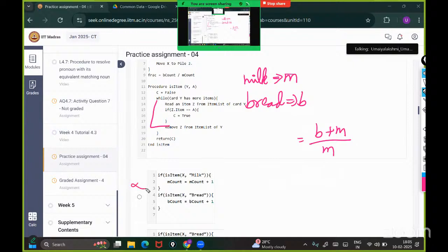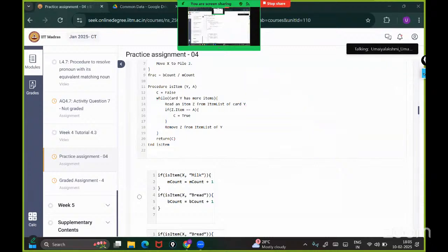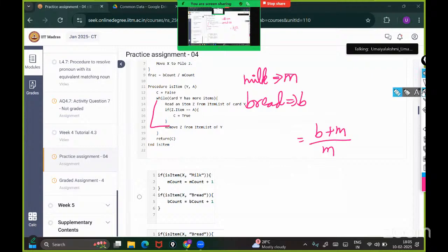So the first is not correct because of the third step. I think if I remove the third step, then it will be correct. Here, for this option to be correct, they have to add one more condition for the milk also.